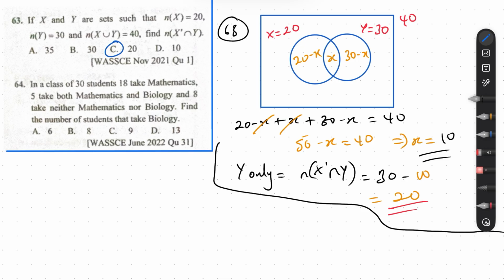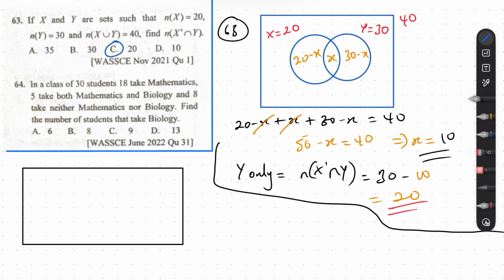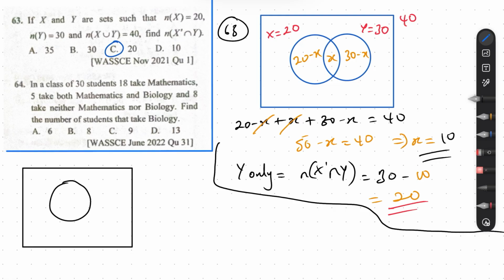So let's draw a simple Venn diagram as well. Let's put inside two circles. Let's get a perfect circle.